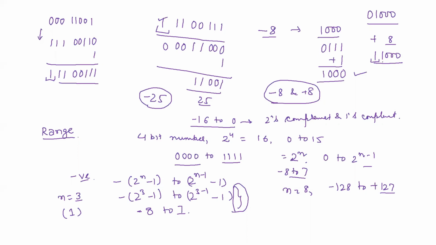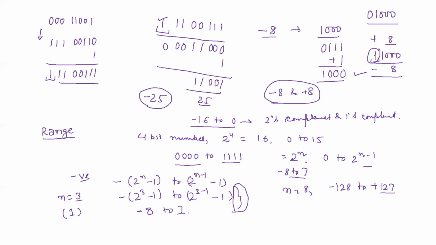If 2's complement is to be taken, then I can tell the magnitude. Otherwise, in signed representation, this gives you minus and this is 8. That's all. This bit is reserved for the sign. If the bit is 1, this tells us the number is negative, and if the bit is 0, the number is positive.